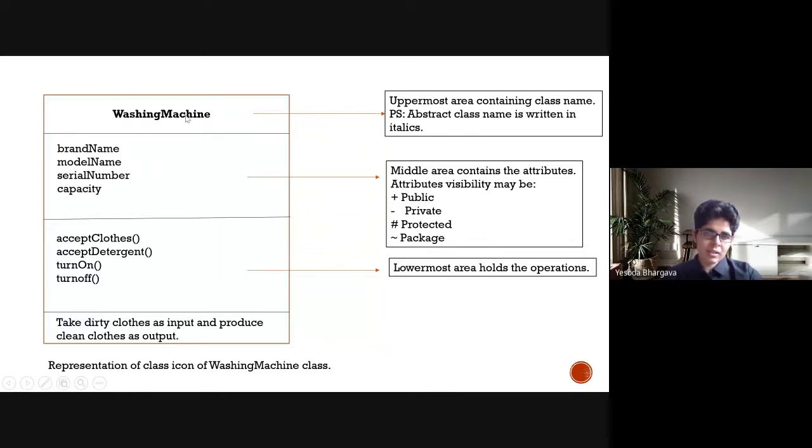If it's an abstract class, it will be italic, or if you put it in parenthesis, that also shows an abstract class. Then in between there are attribute names. These are the attributes of washing machine: brand name, model name. Note how these are written. And then there are operations that a washing machine can perform or is expected to perform.